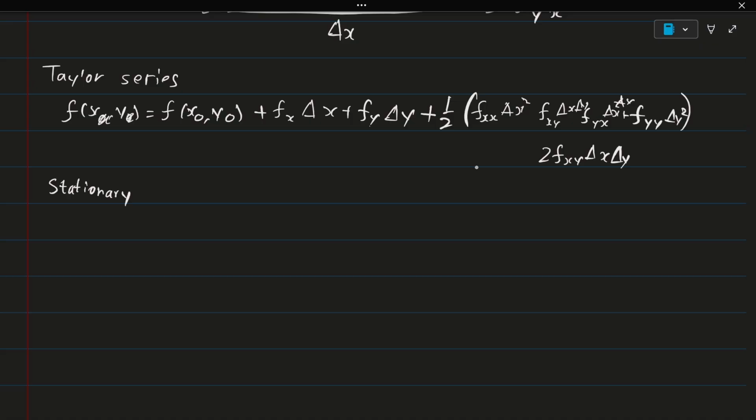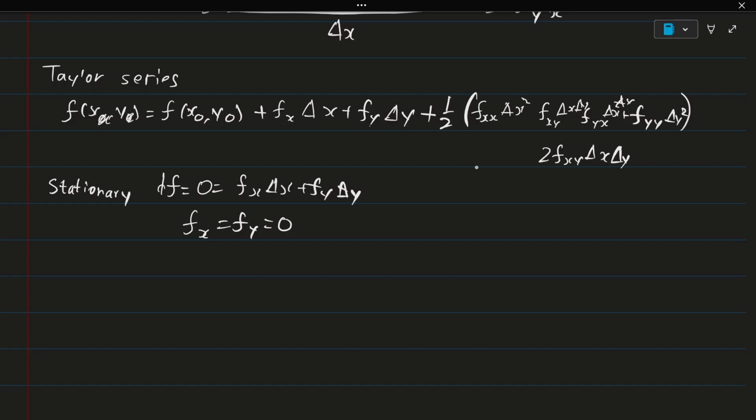If we want the change of f, f_x delta x plus f_y delta y, to be 0 for any point, no matter what the delta x and delta y are, the only solution for this to be possible is if f_x and f_y are both 0.